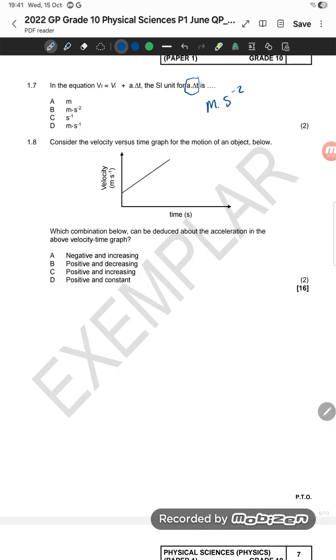But if I say times time, what is time? Change in time. Can you see where this meters per second squared came from? I usually do this, but they like to put it in exponential form. It would be meters divided by seconds to the 2. Can you see how that's happening?